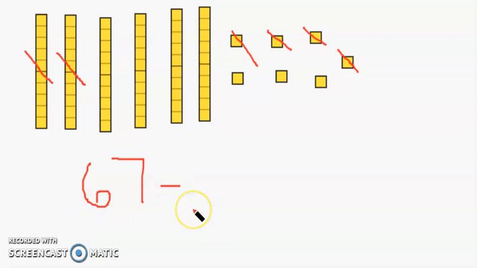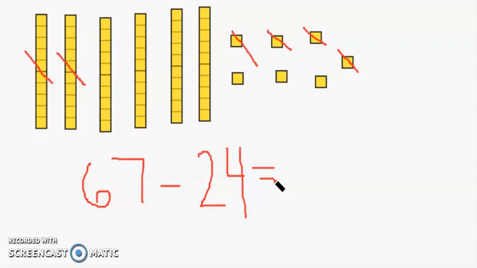For the minus, or difference, I'm going to find out what did they cross out. So I want you to see if you can count and figure out how much they crossed out. If you said 24, you rock. You counted the tens and the ones that were crossed out. Well, how do I find the answer now? Now I'm just going to look and see how many place value blocks are left.